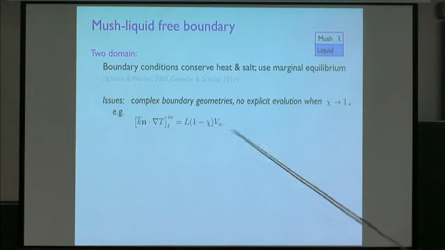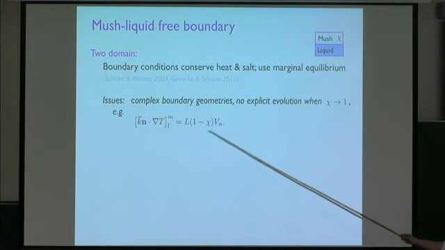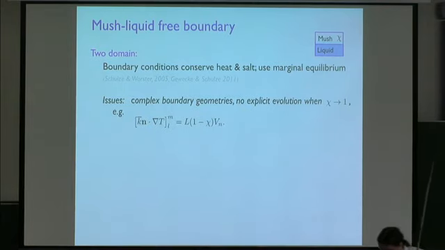Because this is phase weighted in here, if this solid fraction, or 1 minus chi factor, goes to 0 at the interface, you actually lose an explicit prediction of how your interface evolves. And that can cause some numerical issues because you now get an implicit constraint.